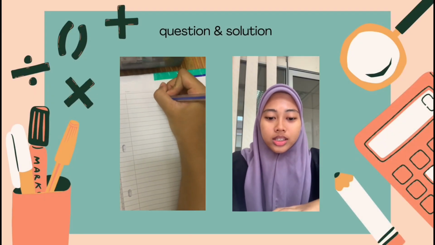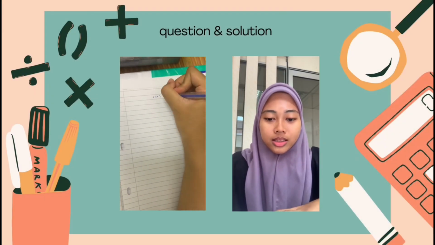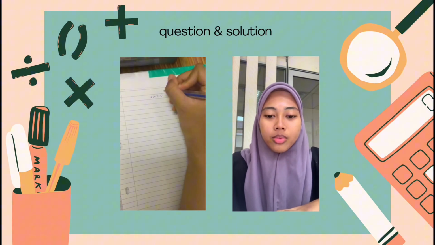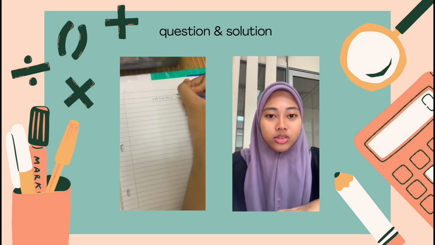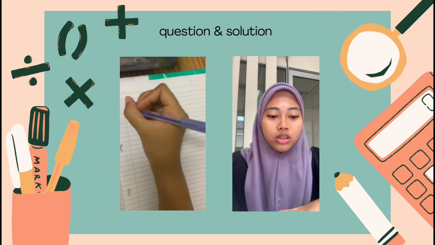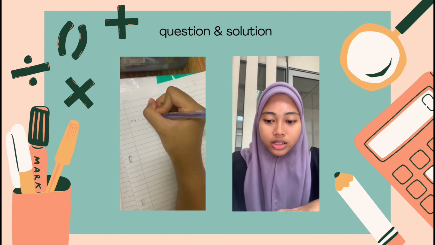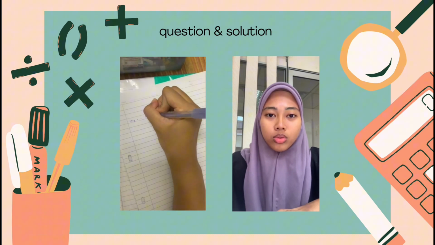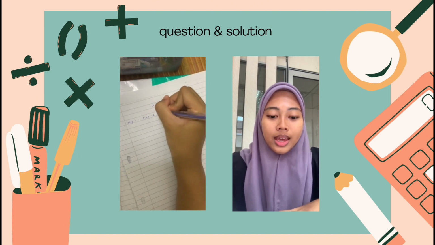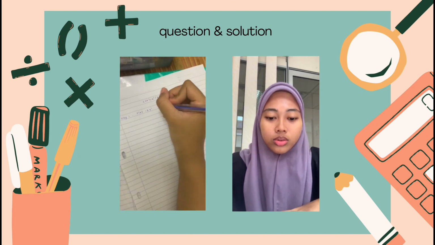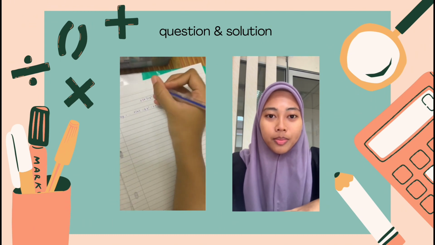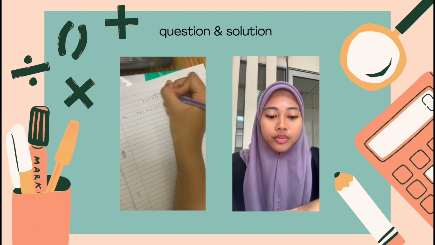So the question is f(x) equals x squared, bracket 6 minus 3x, bracket. So the first step is differentiate the function given y equals f(x). f(x) equals 6x squared minus 3x to the power of 3.